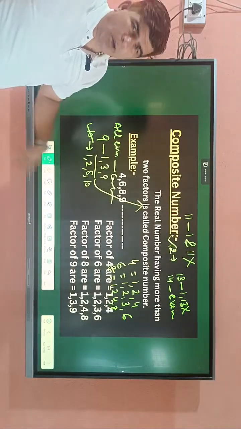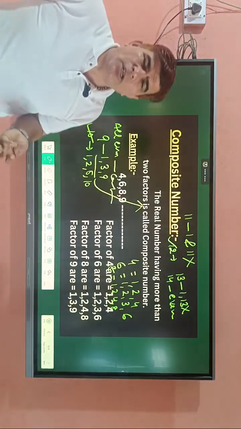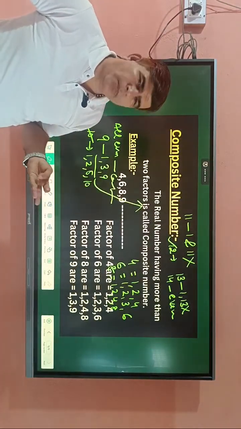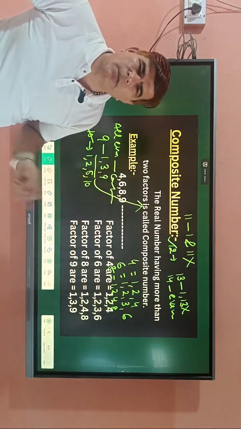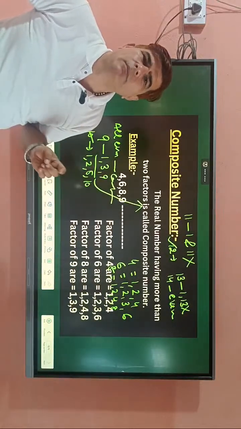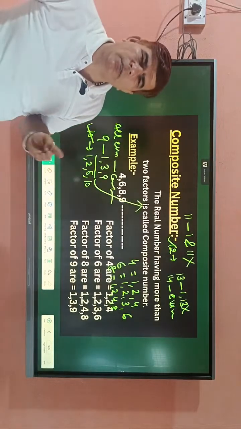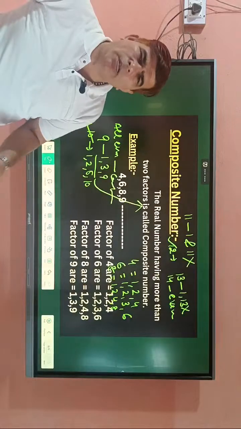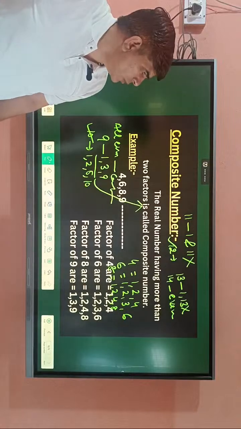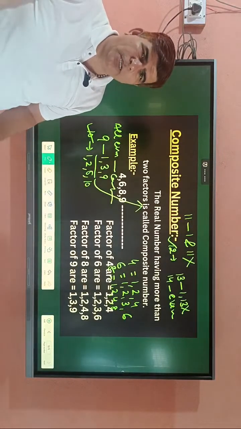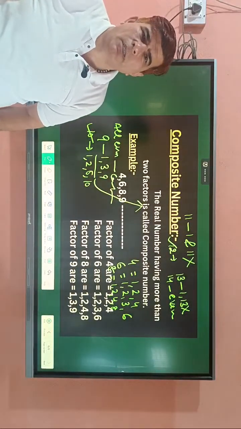We discussed natural numbers, whole numbers, integers, rational numbers, irrational numbers, terminating, non-terminating, repeating, non-repeating, even numbers, odd numbers, prime numbers, and composite numbers. From tomorrow we start the fundamental theorem of arithmetic, which is very important in this chapter. Thank you all of you.